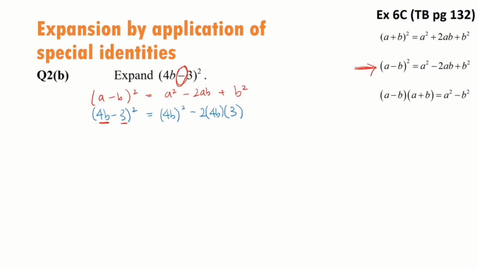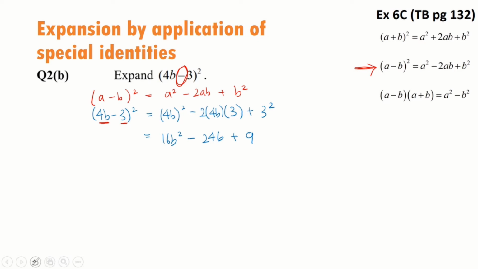Just take the b to be 3, then plus 3 squared. Then we will have 16b squared minus 2 times 4 times 3, that will give us 24b, and then 3 squared is 9. So the answer will be 16b squared minus 24b plus 9.